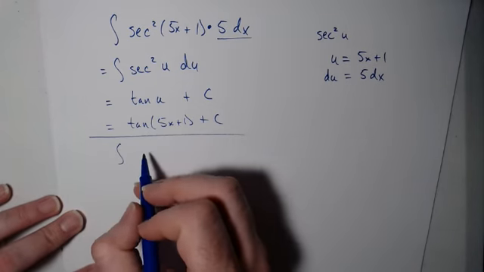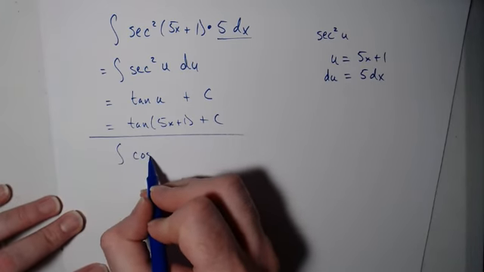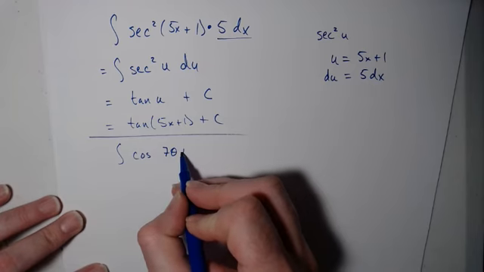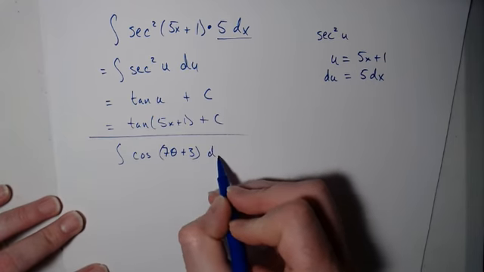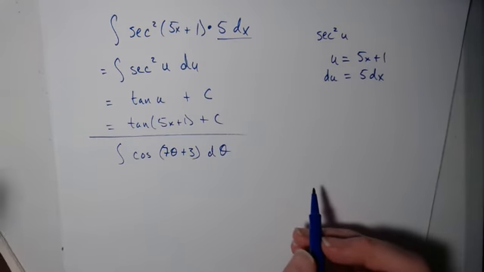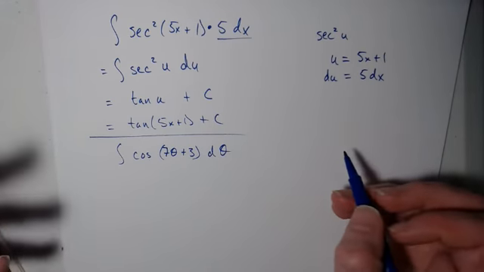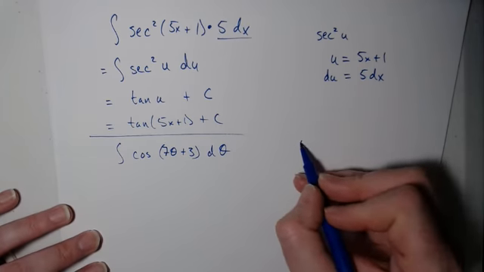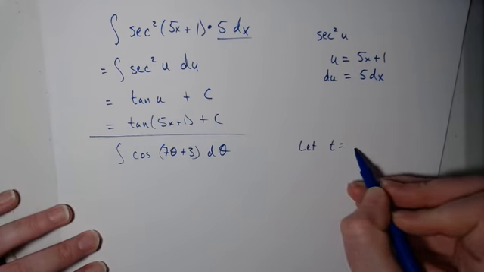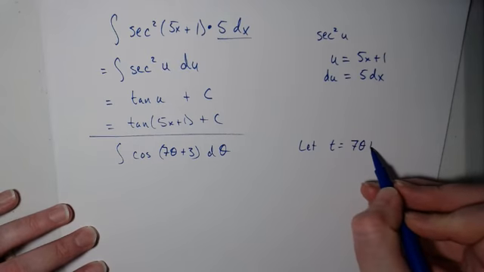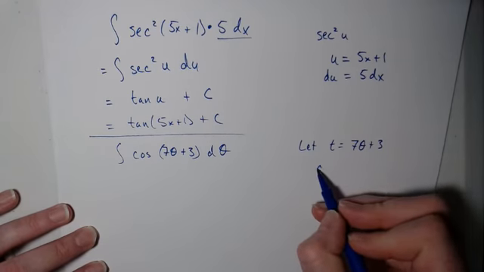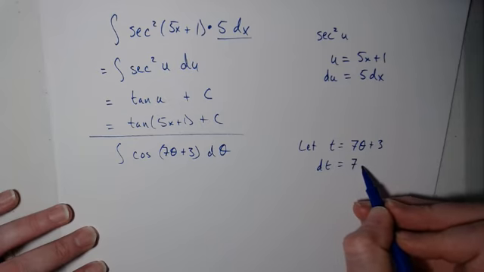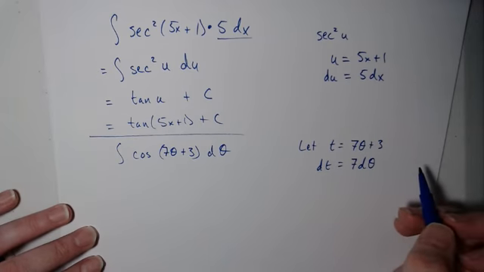How about antiderivative of cosine 7 theta plus 3 d theta? Let's use a different letter here. Let's let t replace theta. So we'll let t equal 7 theta plus 3, then dt equals 7 d theta.